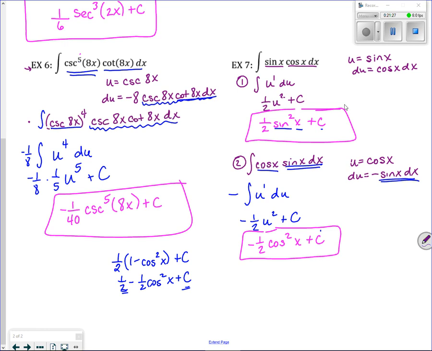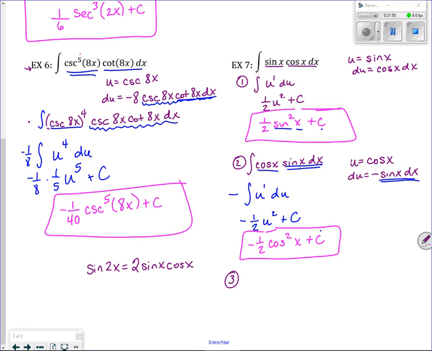Now the third one's a real doozy. Some people use a trig identity from the beginning. And they go, wait a minute. I recognize, and I go, there seems an identity that the sine of 2x is 2 sine x cosine x.